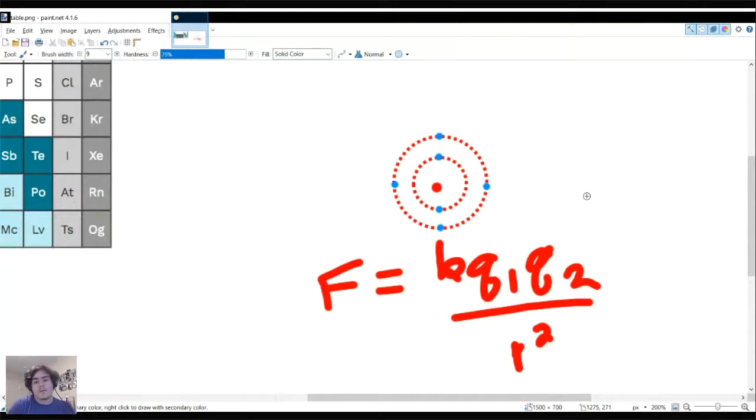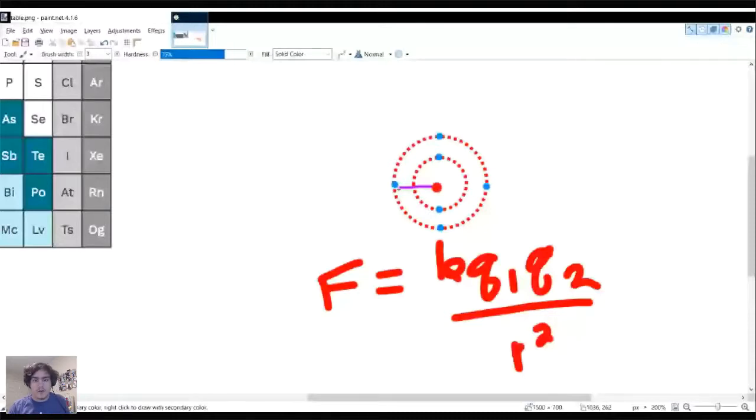So when we're looking at this, for example, carbon, when we look at the distance between this proton or this nucleus and this electron right here, obviously the force is going to be attractive, right? Because negatives and positives will attract each other, opposites attract. Yeah, Coulomb's law. But there's really no interference here with other electrons, right?